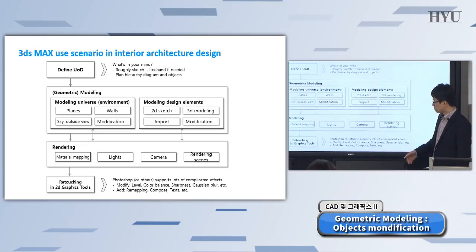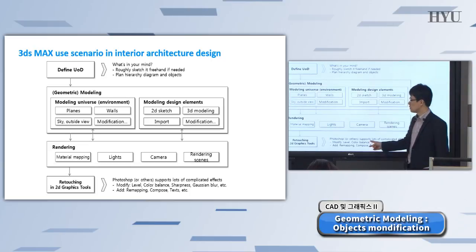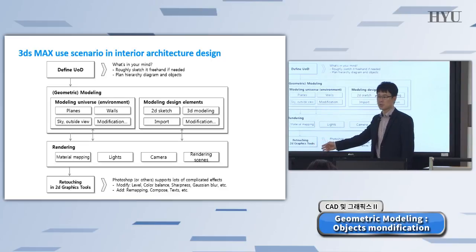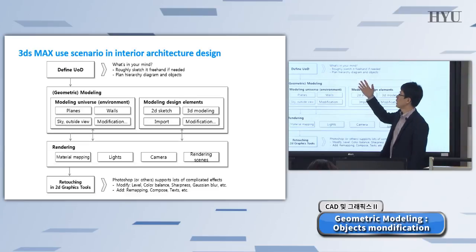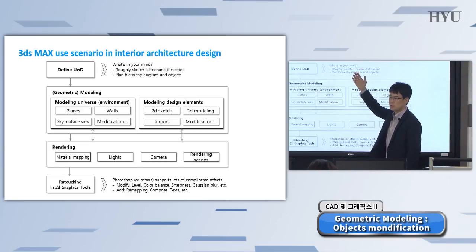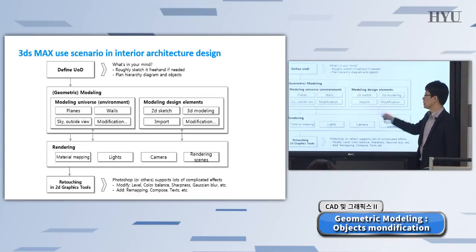So sometimes retouch by Photoshop is much easier and more convenient than creating everything in 3D geometric tools, okay? So this is simplified use scenario. But in this simple process, you have to plan your world and iterative process for making your final design, okay?